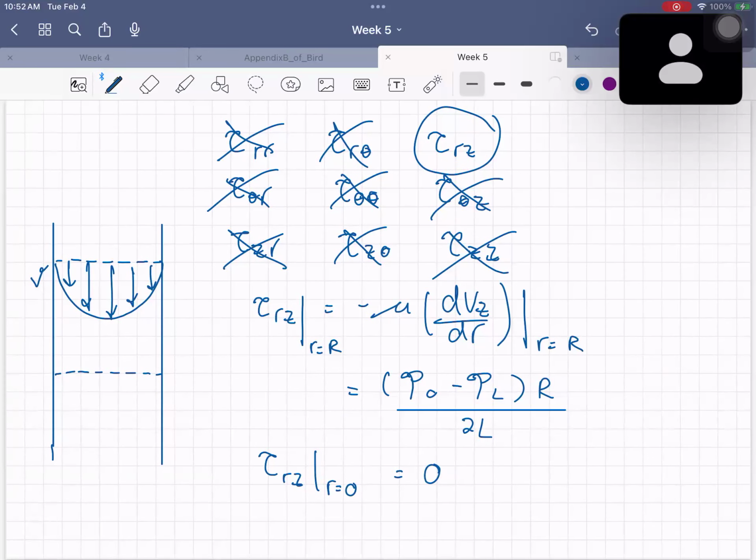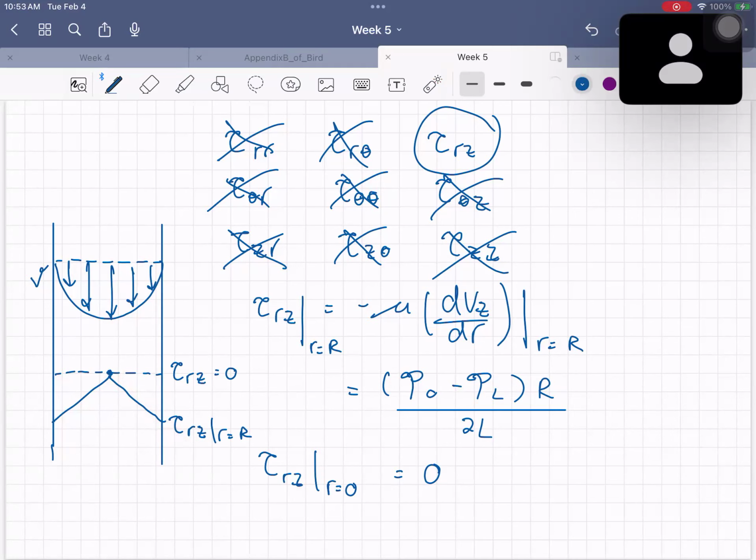So if you plot the momentum flux, what you get is that this is at the middle of the pipe. It will be something like this, where shear RZ equal to 0, and this one is RZ equal to big R. So this is the momentum flux, where you can see that momentum is changing in R direction.